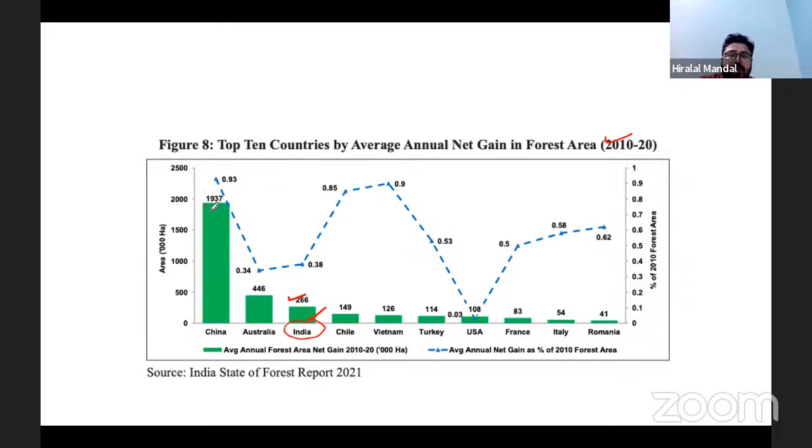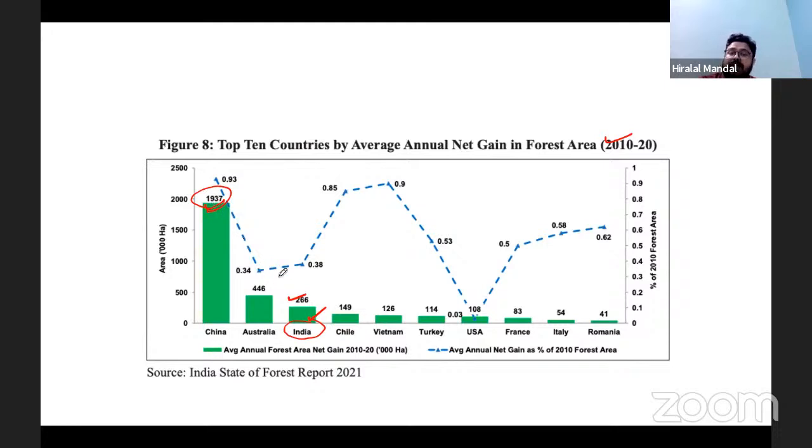The remarkable story is, of course, about China. In the last 10 years, China has done remarkably well, where you can see it has gained almost more than 2 million hectares.